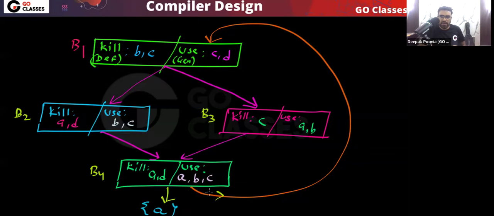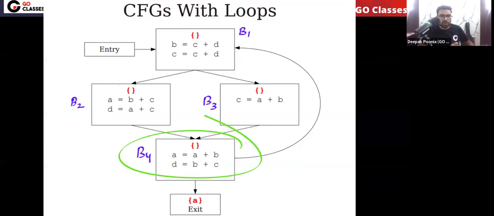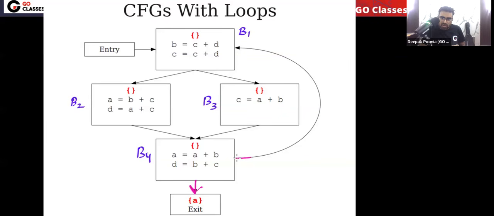A. And tell me, on this other outgoing edge, which variables are alive? Notice, one outgoing edge is here and another outgoing edge is here, from the B4 point of view.